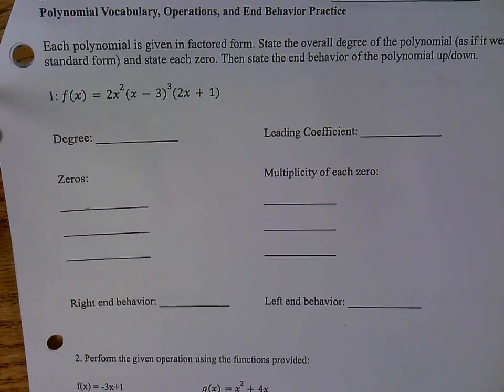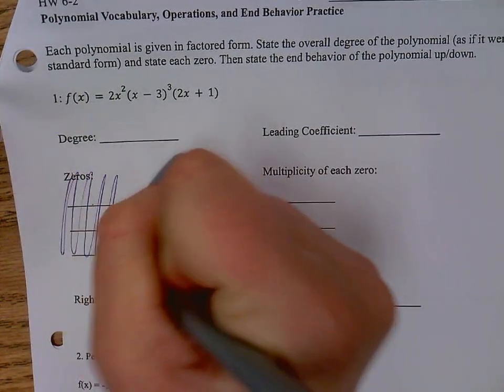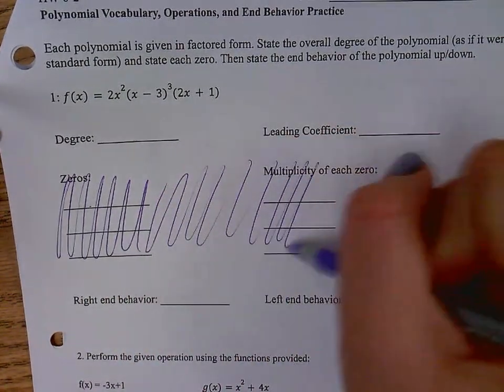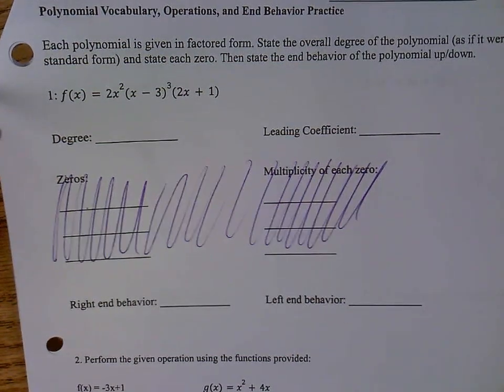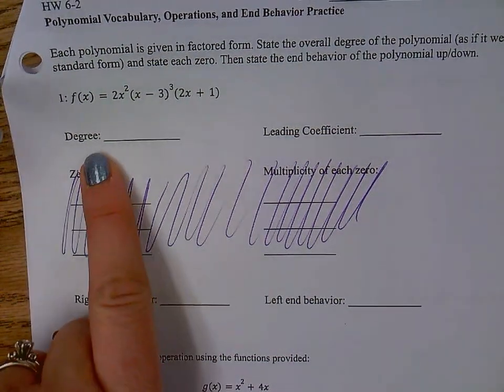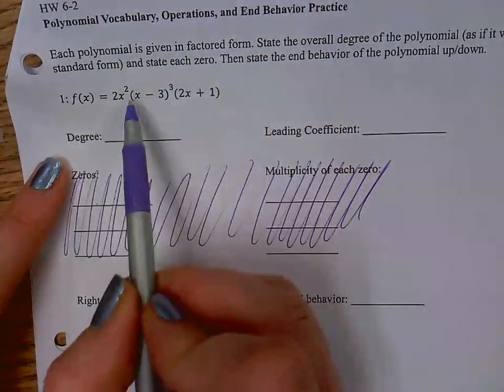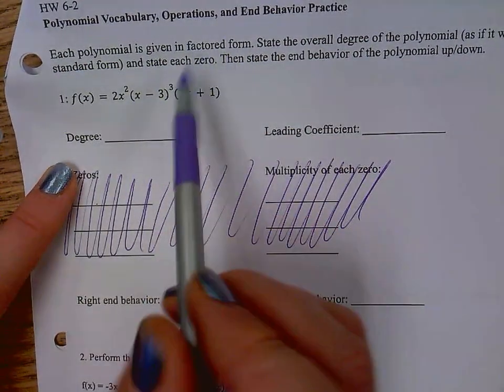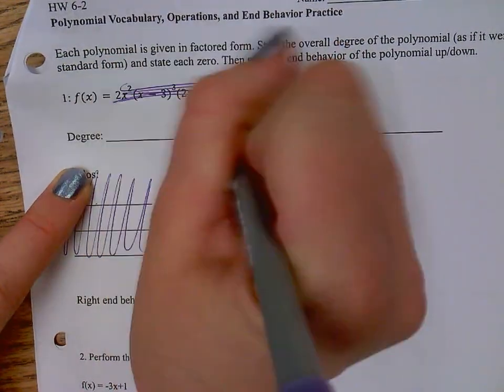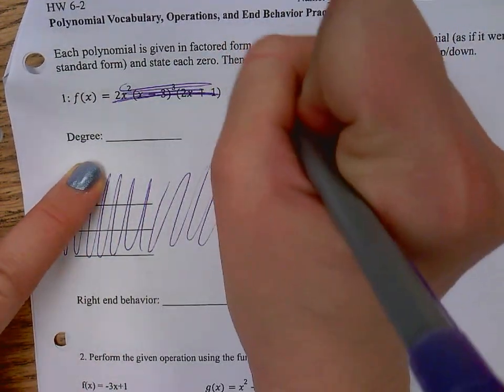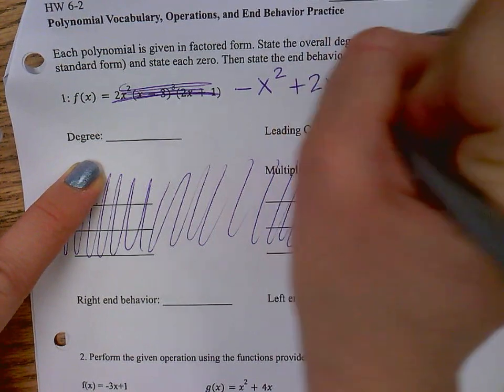I'm going to have you cross out this center section because we haven't learned how to find the zeros or their multiplicity. But I do want you to be able to practice degree, leading coefficient, and end behavior. But this is in factored form, and we haven't really talked about factored form. So let's just rewrite kind of a generic different equation just so you have something to look at.